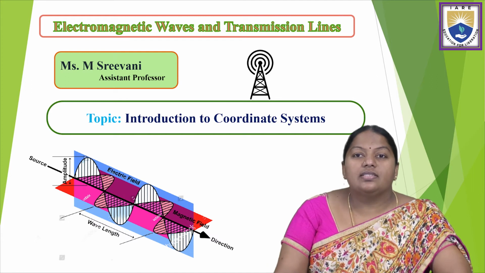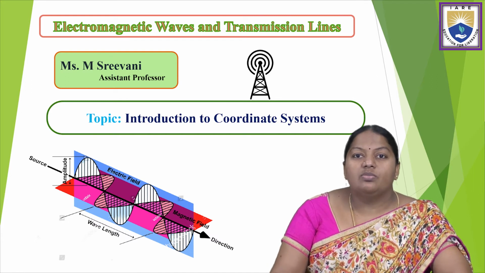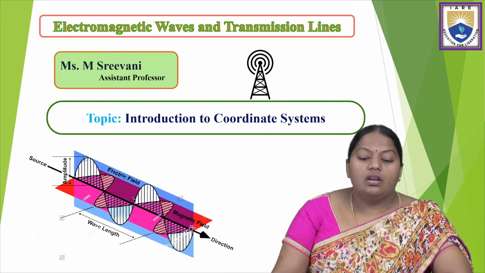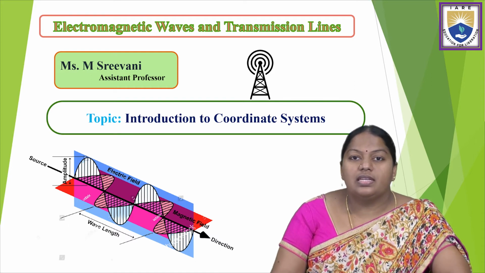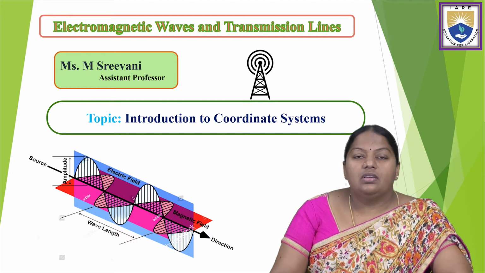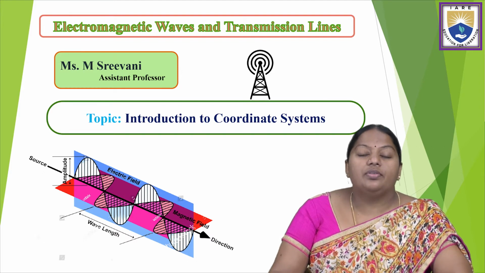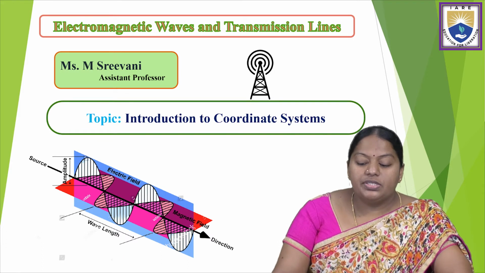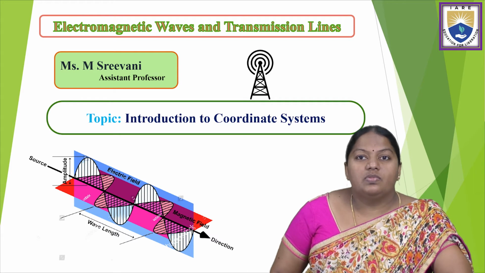So, in today's lecture, we are going to learn about some of the prerequisite topics related to electromagnetic waves and transmission lines. The first prerequisite is an introduction to coordinate systems.